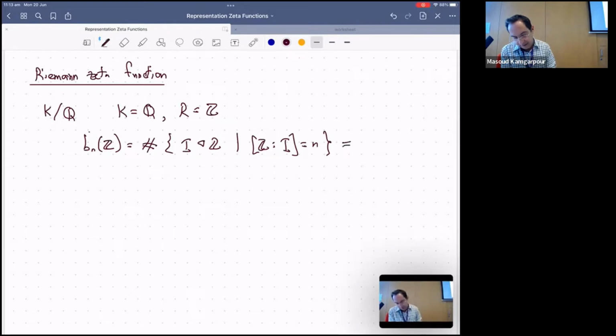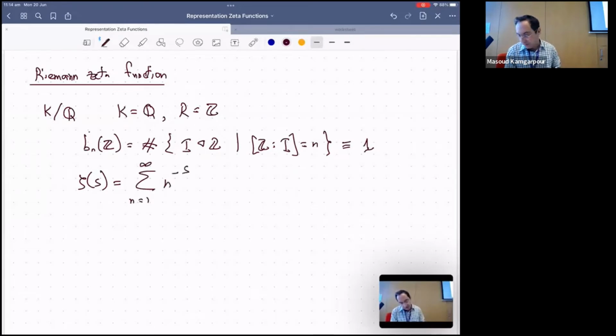So this is identically 1. The silliest sequence that one can imagine. But let's see how much information you can see if you put it in the right way and look in the right direction. So the Riemann zeta function is the Dirichlet generating function, which is the sum from n equals 1 to infinity of these ones, so this is just n to the minus s.